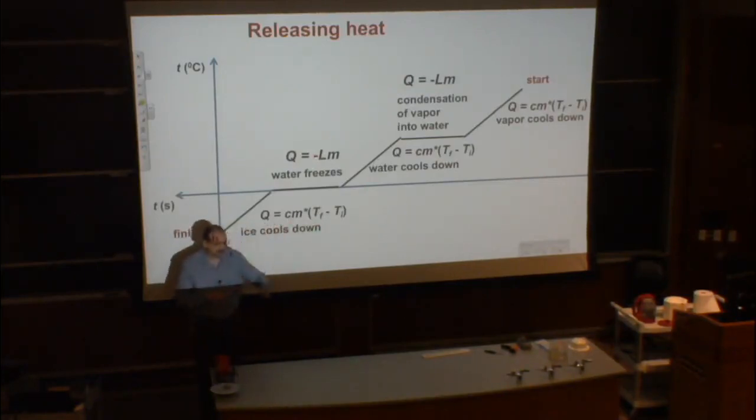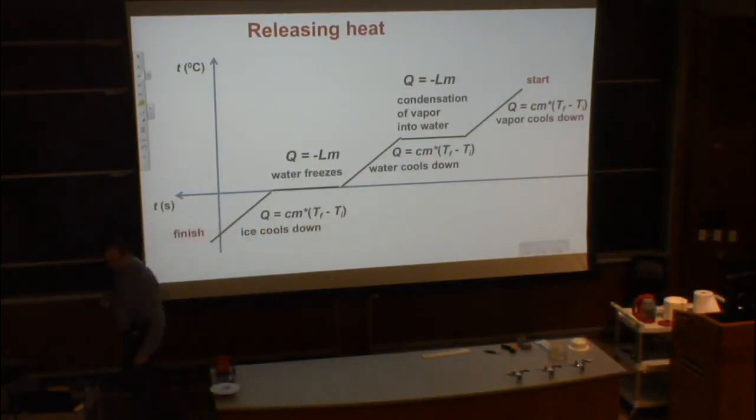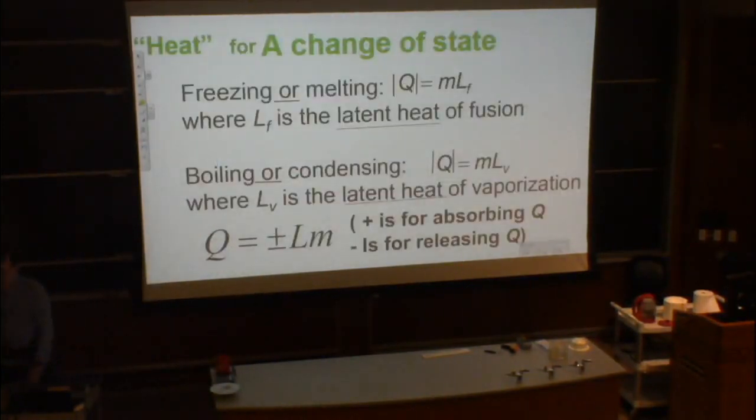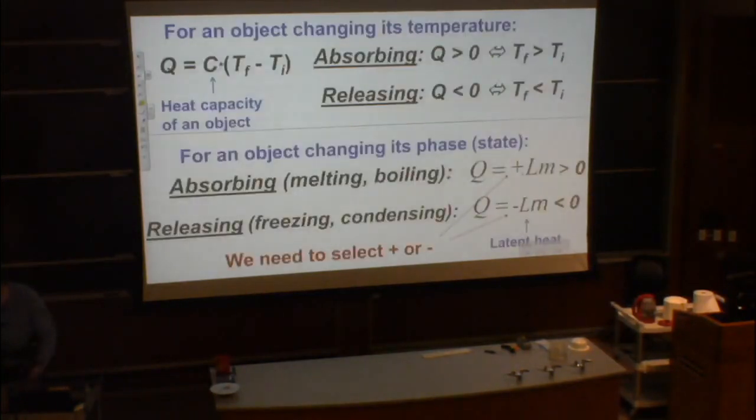Here we must remember. When should we write a plus? When should we write a minus? These equations represent the magnitude of the heat. When the system, an object, absorbs energy, it takes energy away from surroundings.